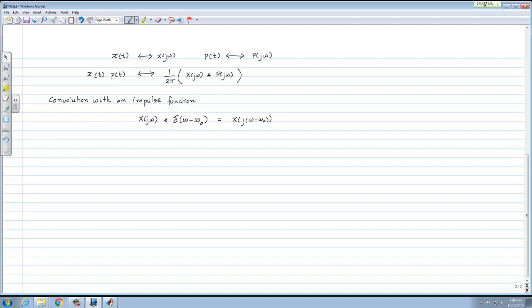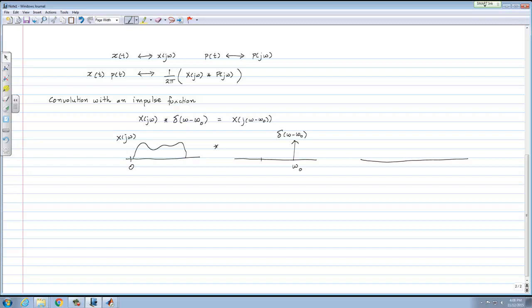So pictorially, what is going on is, if I had some Fourier transform, let me call this x of j omega, when I convolve this with a delta function, delta of omega minus omega naught, the result is simply going to be, let us say this is 0, x of j omega shifted by omega naught to the right.